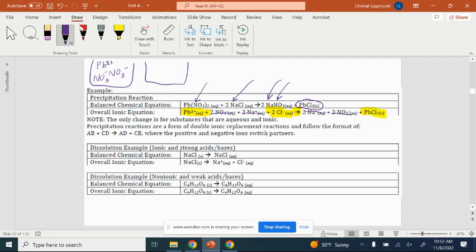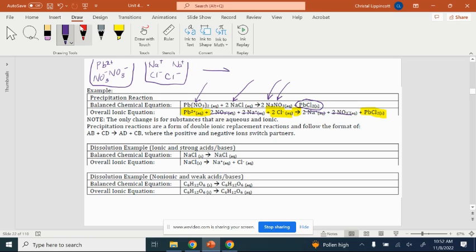Why? In the water, because it's soluble because of the nitrate. Okay, in this container, I have sodium floating around, and I have chlorine floating around, and it's soluble because of the sodium.